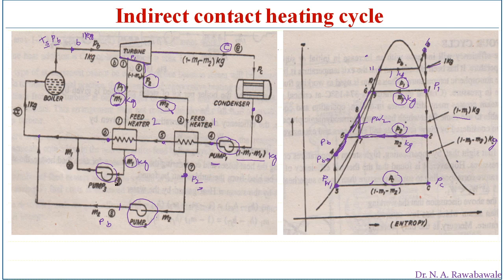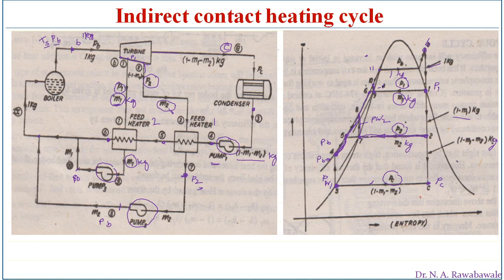So here pump number 3 work is shown from point 9 to 10, directly supplied to the boiler. So from 9 to 10 is the increase in pressure made by pump number 3.